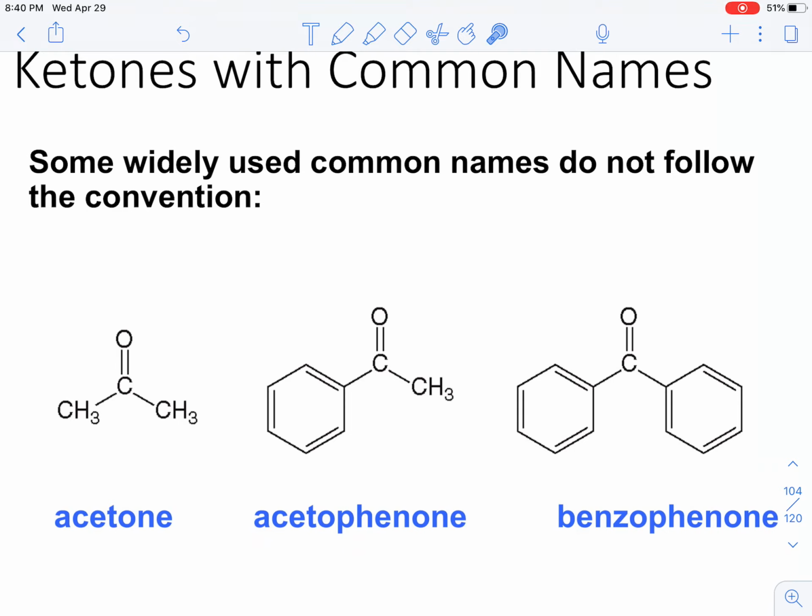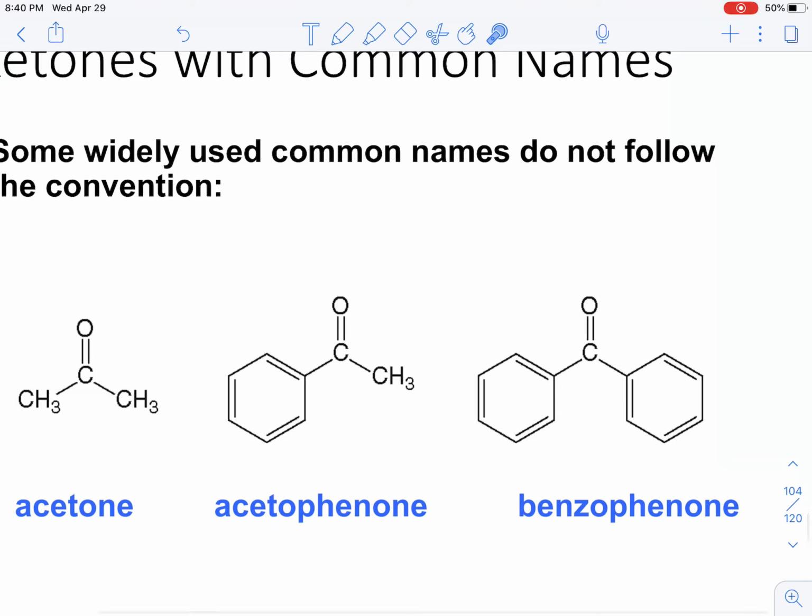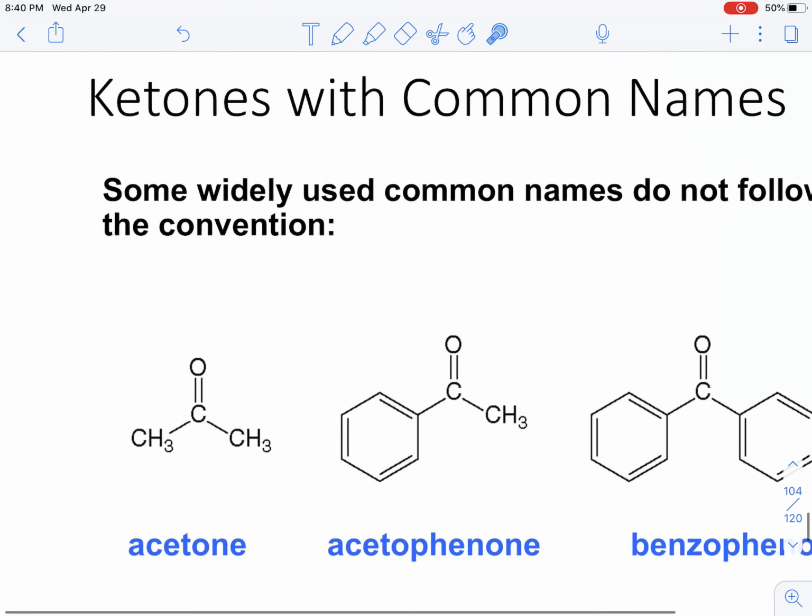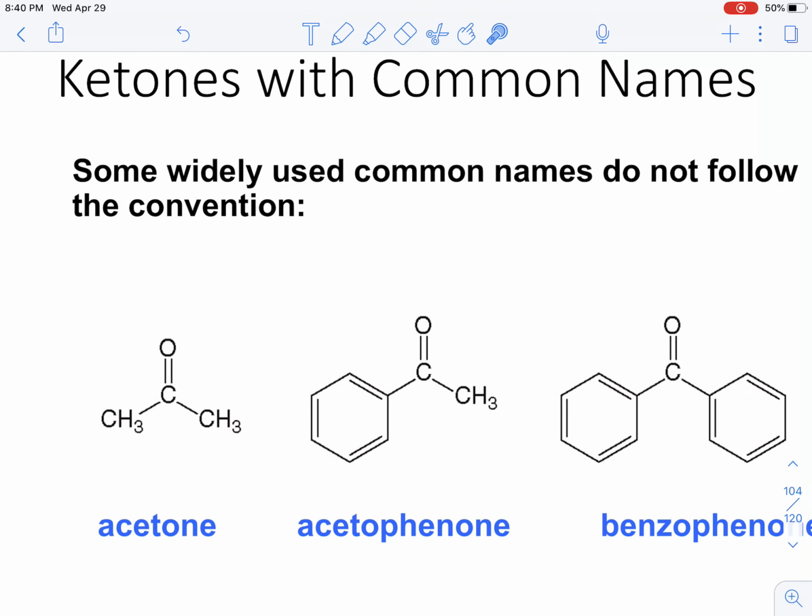Now, if both of the R groups on the left and right side of this carbonyl group are going to be an aromatic ring, for instance, in this case, a benzene, you're going to say benzophenone. So these common names are just really, really specialized, right? So that's pretty much it for common names.